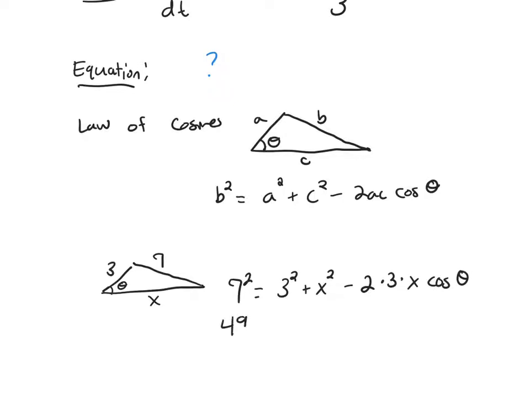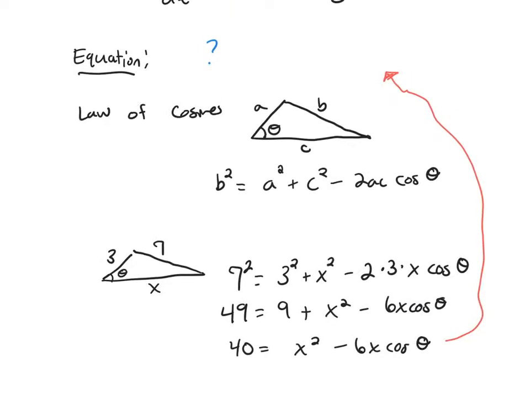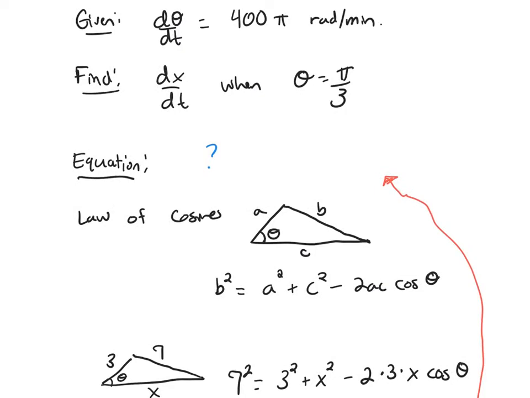So I'm getting 49 equals 9 plus x squared minus 6x cosine theta. You can subtract the 9 and get 40 equals x squared minus 6x cosine theta. So that's what's going to go back up here in my list for the equation. So it'll be 40 equals x squared minus 6x cosine theta.